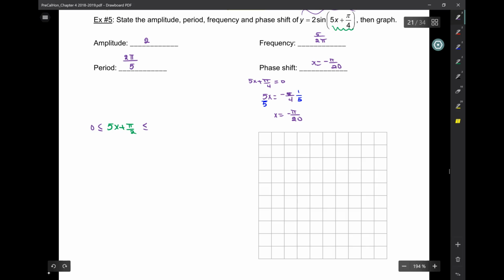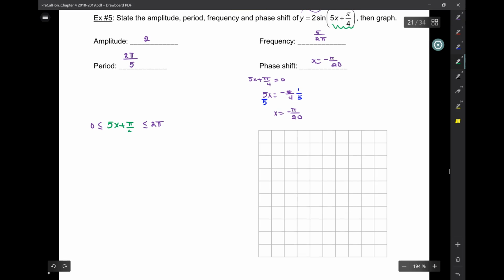So from 0 to 2 pi. Pi over 4. Okay? So whatever's inside the parentheses is always going to go from 0 to 2 pi for the sine, because the default sine starts at 0, ends at 2 pi.